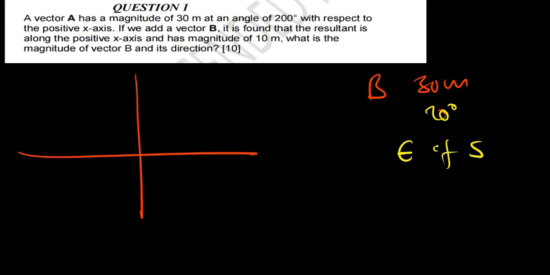East of south. What will be our angle? East of south, our angle is close to the south and is 20 degrees. So it's in the fourth quadrant, 20 degrees closer to the south.